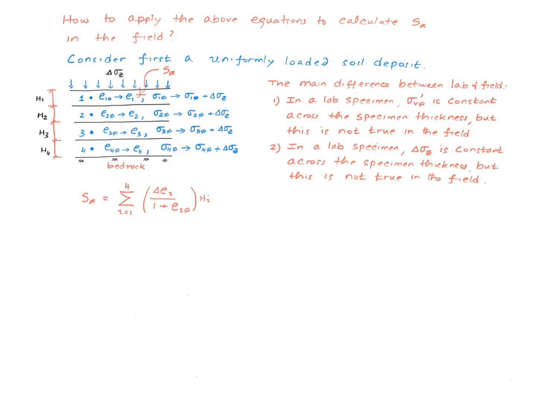The changes in stresses produced in the sublayers by those specific loading cases, for example loading by a spread footing, change from point to point. It decreases with depth. There are specific theories we use for calculating these changes, and they are covered in separate videos.